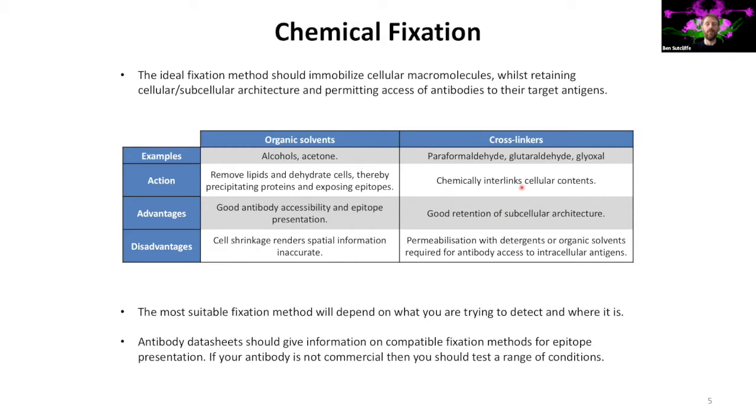If you're looking at high-speed events, then people recommend using glyoxal because it fixes things much more rapidly than paraformaldehyde and glutaraldehyde. But you do need to permeabilize the cell if you want to look at intracellular components. The most suitable fixation method will always depend on what you're trying to detect and where it is. And if you're buying commercial antibodies, the data sheets will give you information about which compatible fixation methods you can use.